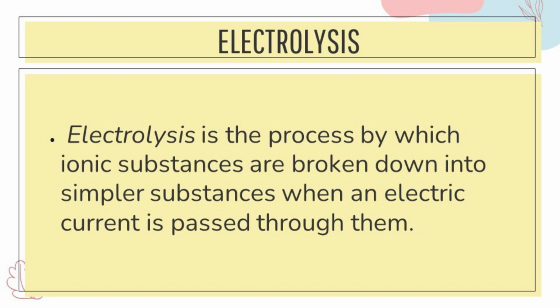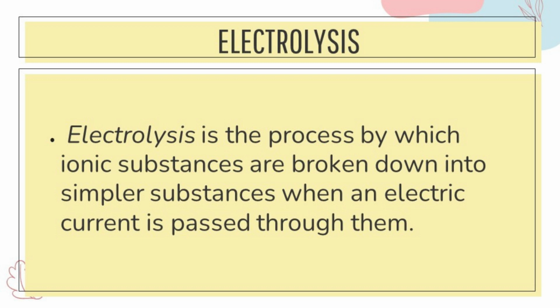Number one, electrolysis is used to decorate metal surfaces. As we all know, let's say for example, metal objects such as spoons and roofs are synthesized from a specific metal.